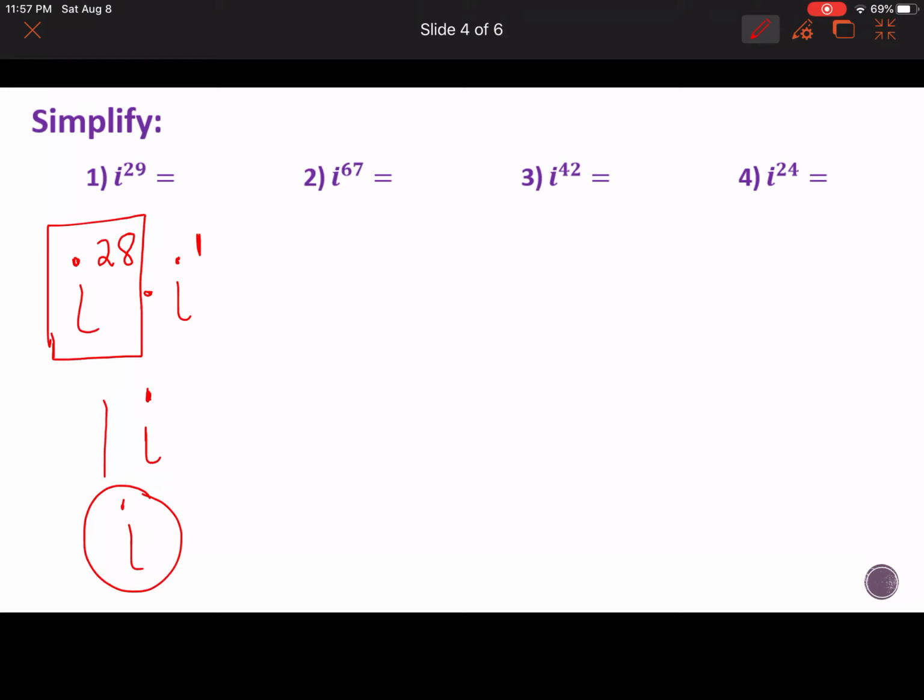All right, let's do the same thing with 67. So let's see, how many times does 4 go into 67? I don't know the highest factor. So this is what you would do. Bring down the 7. So 4 goes into 27 6 times.